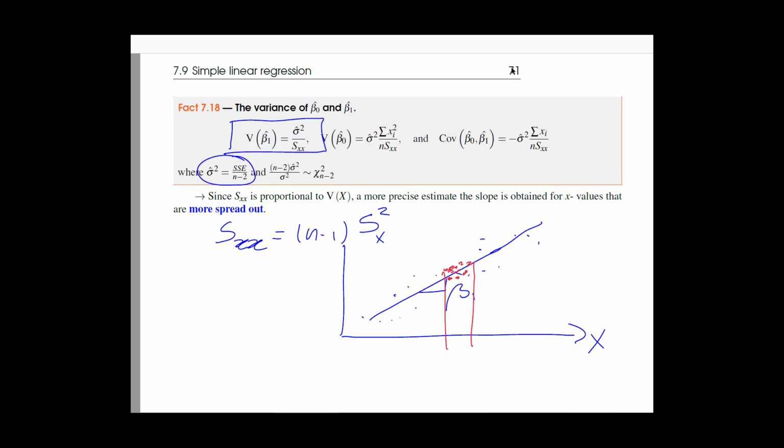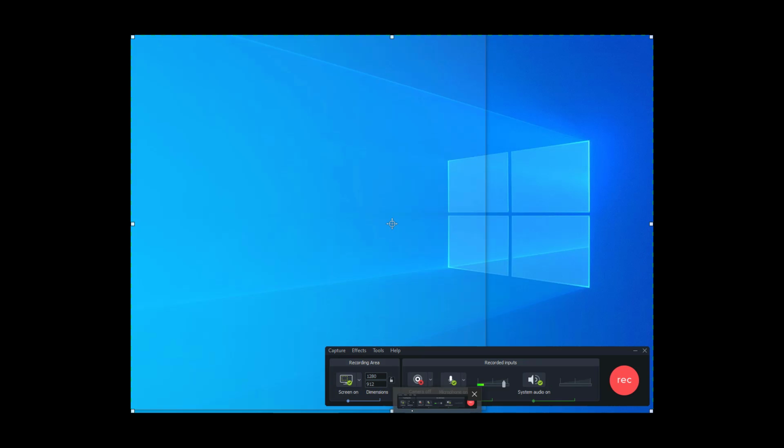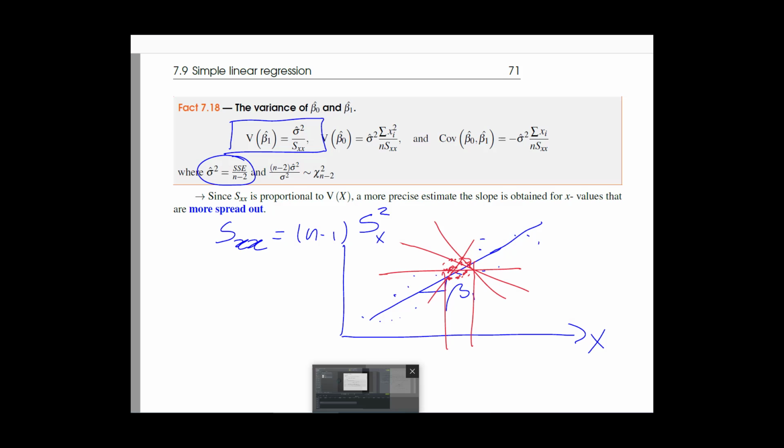Okay, the variance of beta 1 would be large, because when the variance of x is really small, it looks probably like a big dot of points, right? And you can fit any line through a single point, right? Now, it's not a single point, but it gives the idea of the relationship between the variance of x, so the scatter on the x-axis, and the result for the variance of beta 1. All right, yeah, so that's what I wanted to show you here.